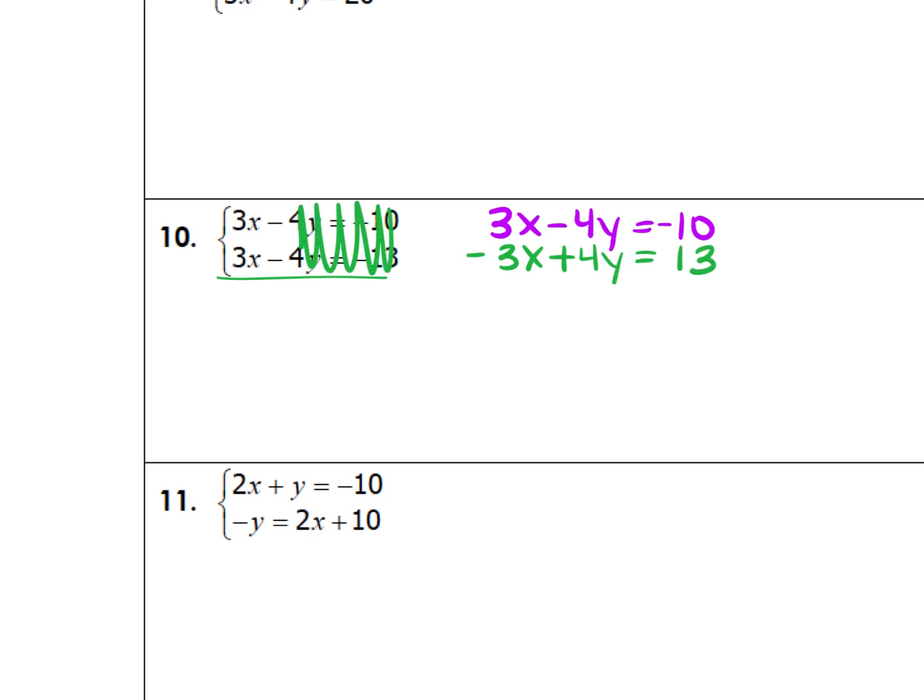So scratch this one out and pretend this is the problem you're starting with. And I want you to try this one on your own. So go ahead and pause again. I'm going to have you try it on your own. And when you come back, we'll see how you did. Tell your neighbor what you get and what you think is going on in this one, because this one's a little bit different, a little bit unique.